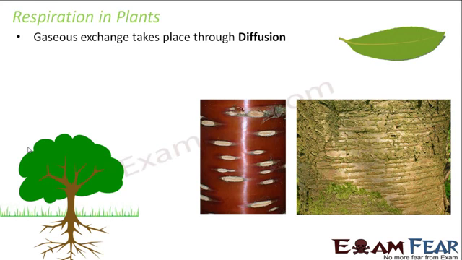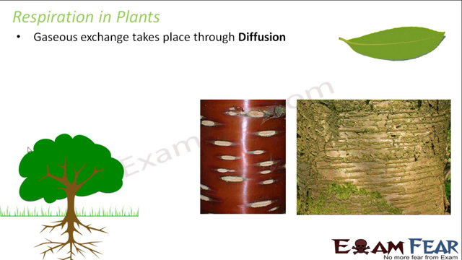What is diffusion? We know diffusion is a process where particles move from one medium to another medium such that it always moves from the medium of higher concentration towards the medium of lower concentration. Right? So that is diffusion. So here also gaseous exchange will take place through diffusion. For example, we take the gas carbon dioxide.